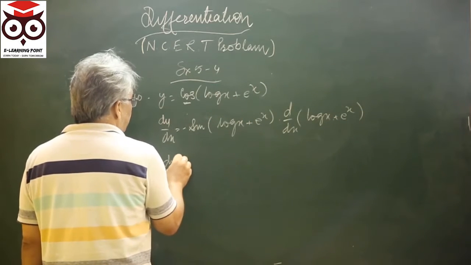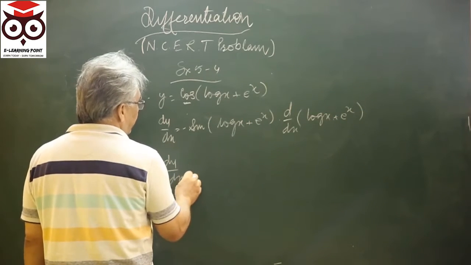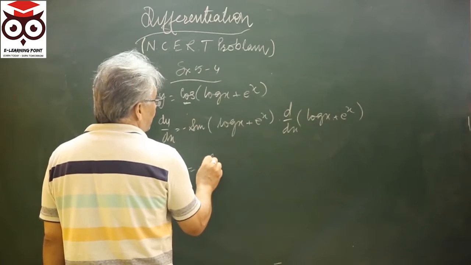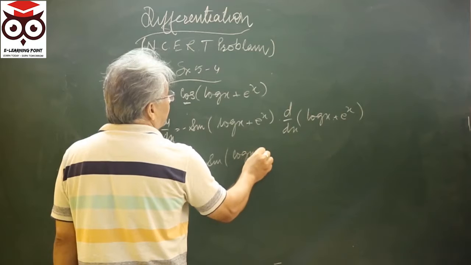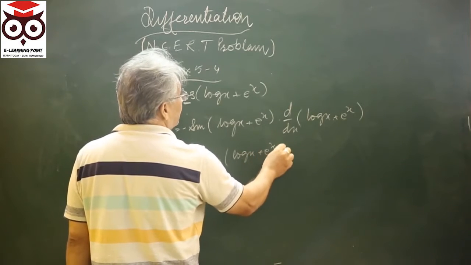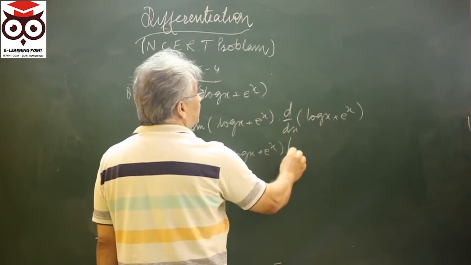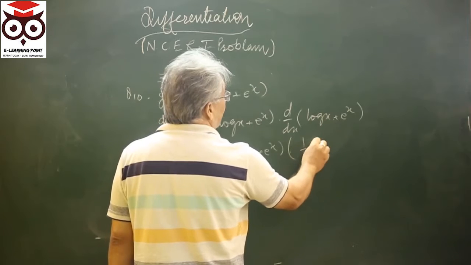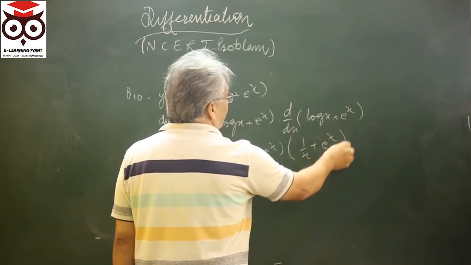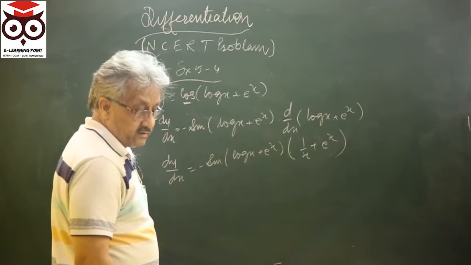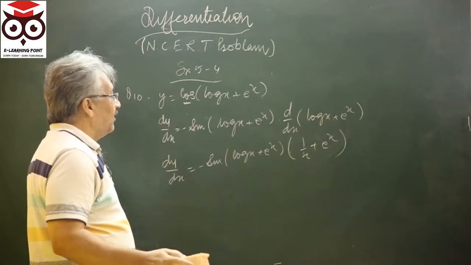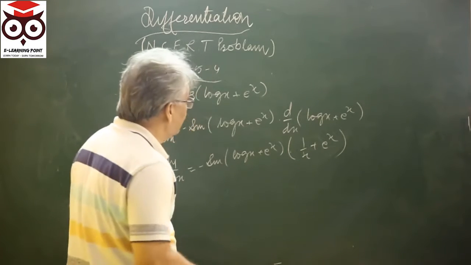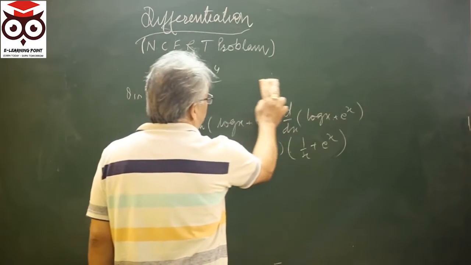So I can say dy by dx is equal to minus sin(log x plus e^x), and here is the differentiation, 1 by x plus e to the power x. So this is not a problem for all of you. Now try to do question number 9.